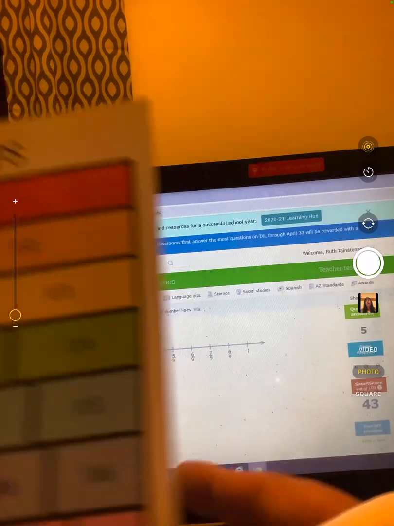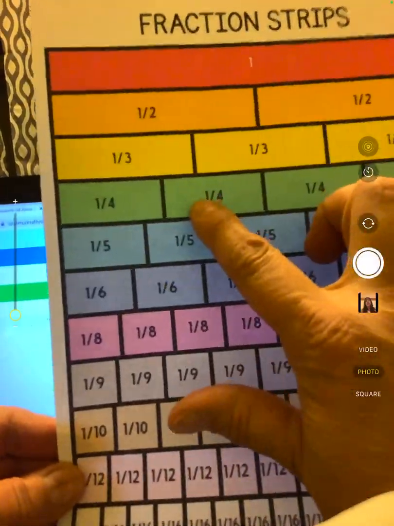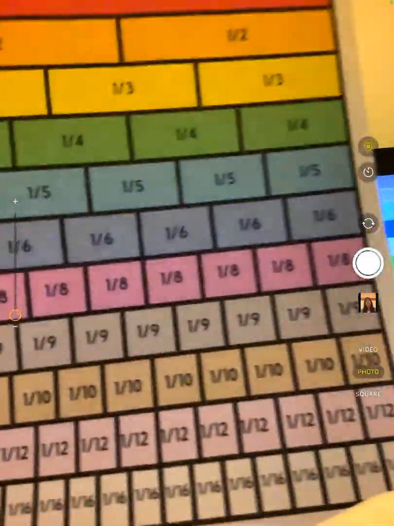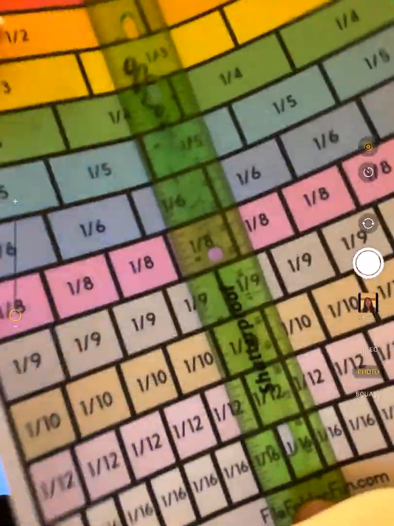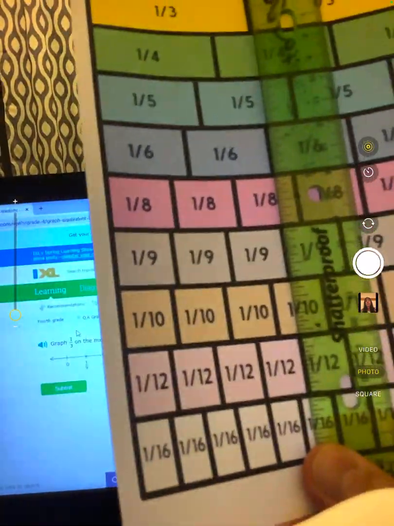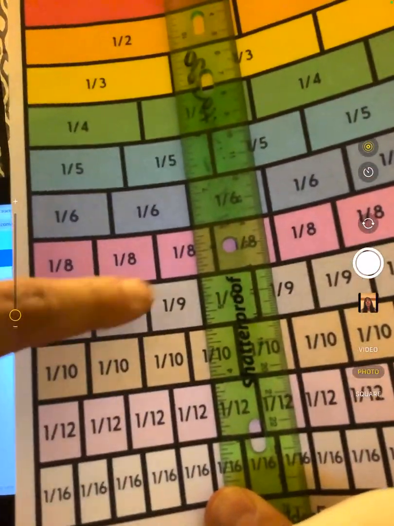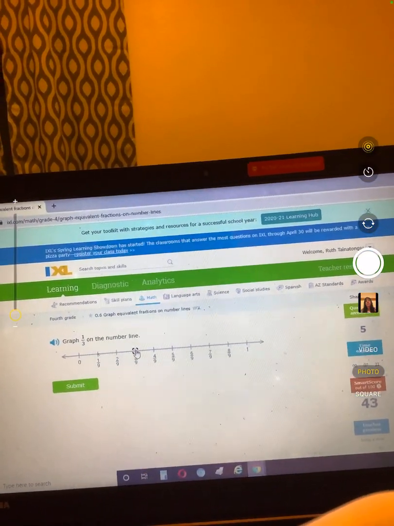So let me show you my paper. Here's 1/3. And if we line up 1/3 with the ninths, you can see that it's 1, 2, 3. See, that line comes down 3 ninths. So if I go over 3/9, this should be 1/3.